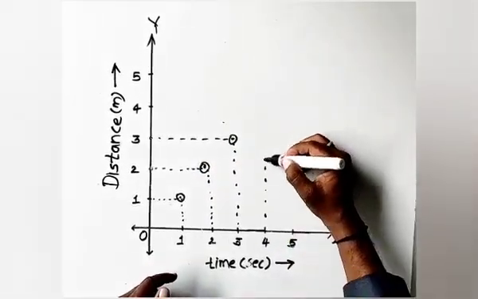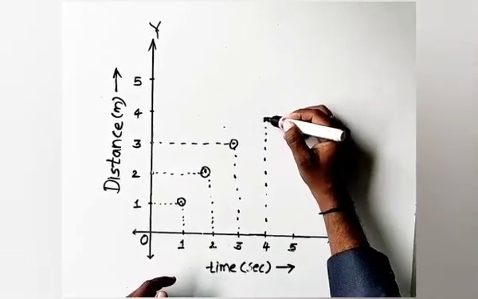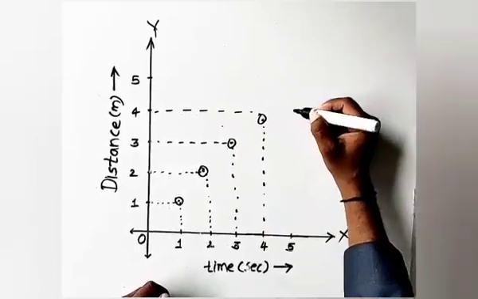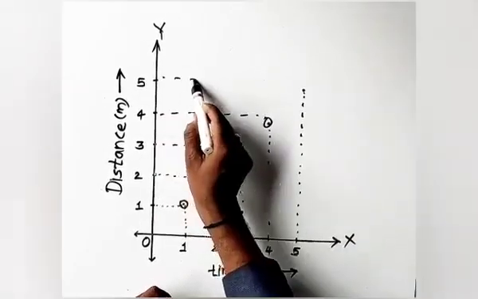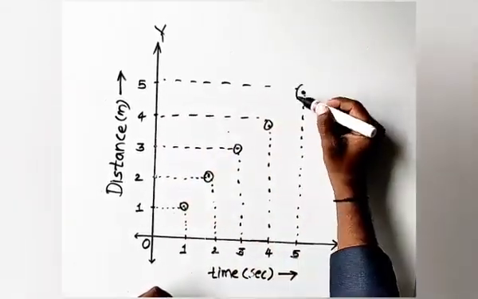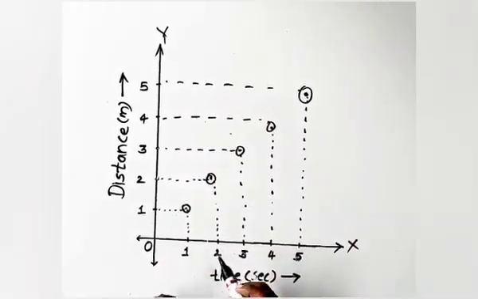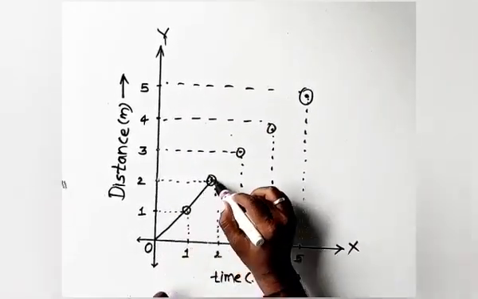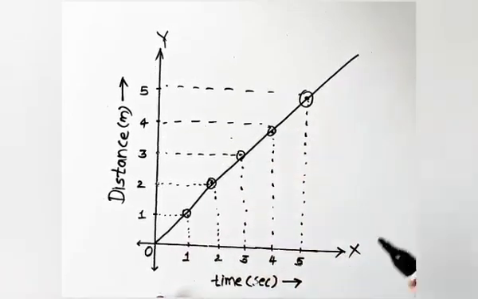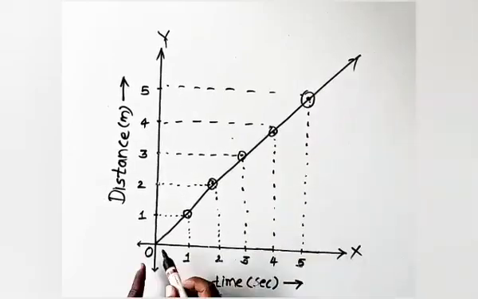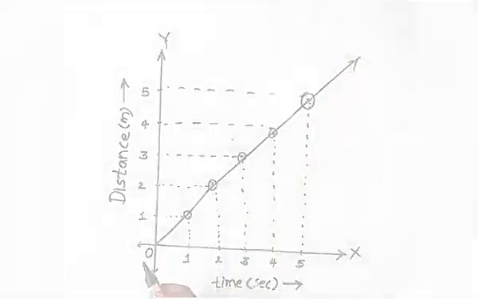It would be 4 meter away at 4 seconds, and 5 meter away at the 5th second. So this is the graph. If we join all the points, the nature of the graph is a straight line passing through the origin.